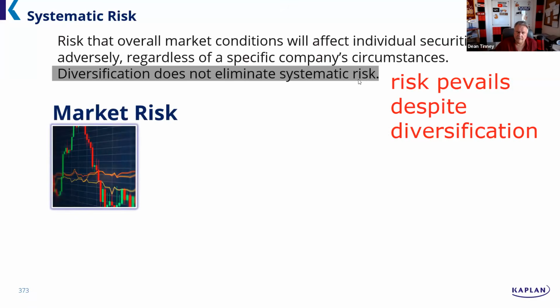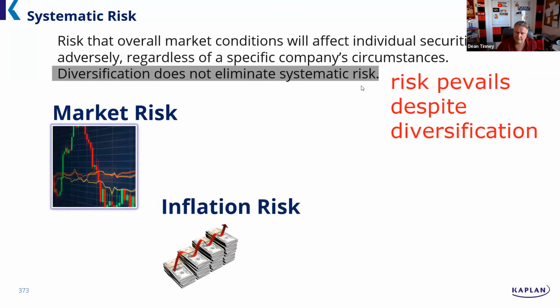So market risk is a type of systematic risk. Inflation is a type of systematic risk. Now, they also ask on the test about 2 things that can be used to mitigate inflation risk. Inflation goes up.